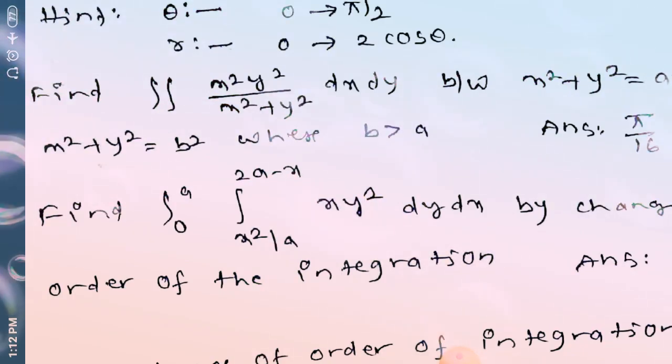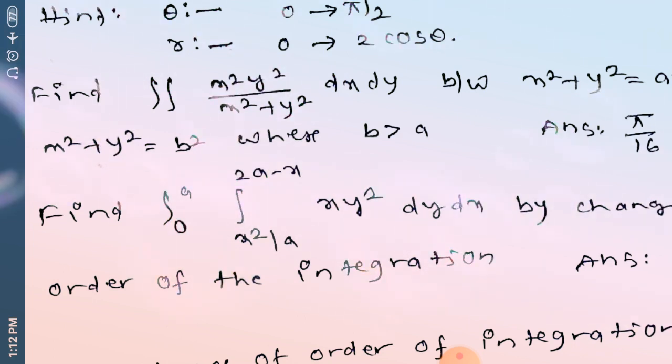In both cases you need to calculate x limits and y limits. In the lower part you draw one horizontal strip, and in the upper part also you draw one horizontal strip, and find the x limits. In the lower part, x limits are 0 to root ay, and y limits are 0 to a. Similarly in the upper part, x limits are 0 to 2a minus y, and y limits are 0 to 2a.